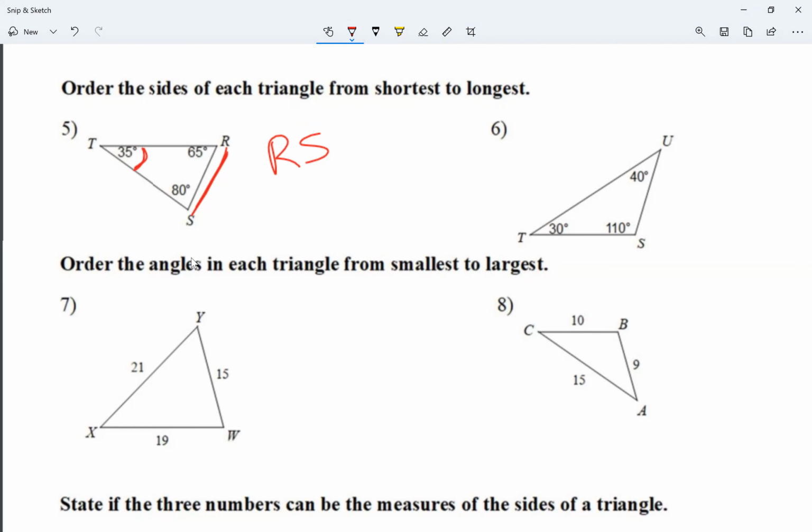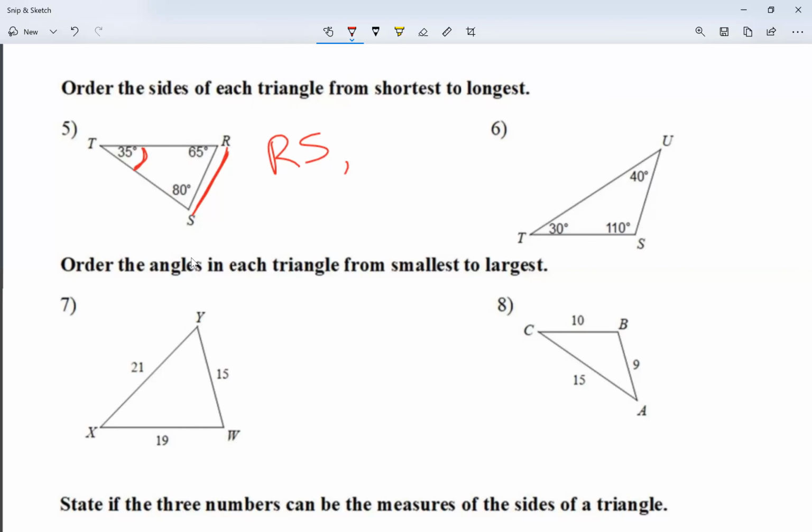So just type the two letters R and S. Notice I did them in capital letters and they're together, no spaces in between them, just RS. Or again, you can call it SR. This is your choice. The two letters must be capitalized and together, no spaces in between. Cool. That's the smallest side.